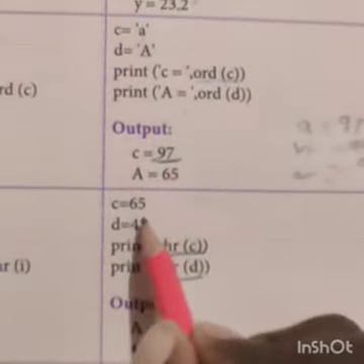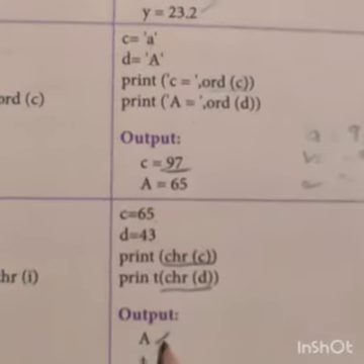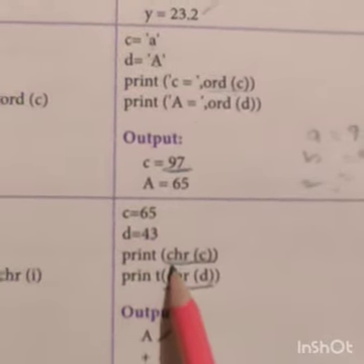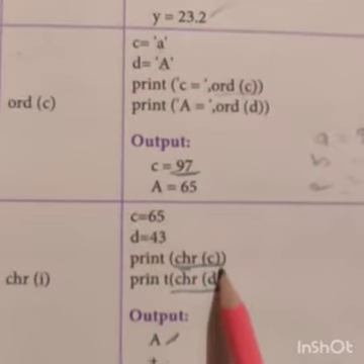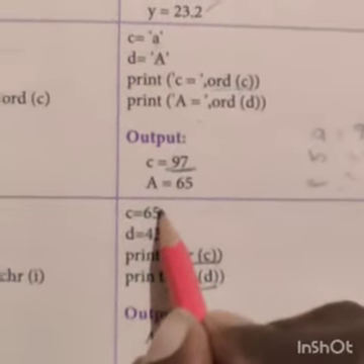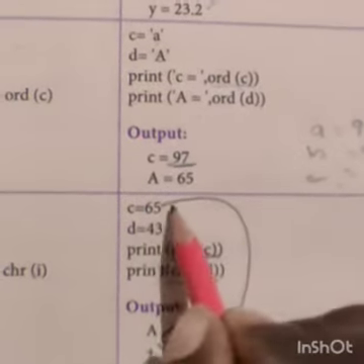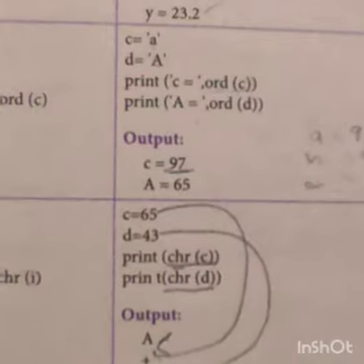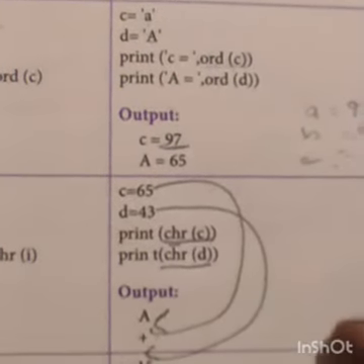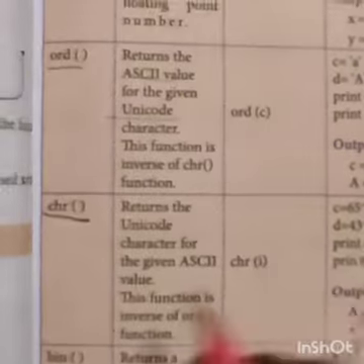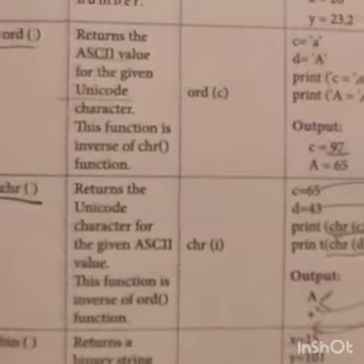Sir, the c value is 65 and the d value is 43, why didn't it print 65 and 43? Because you are using the character function. 65 means capital A, and 43 means the plus symbol. So that is the character function.